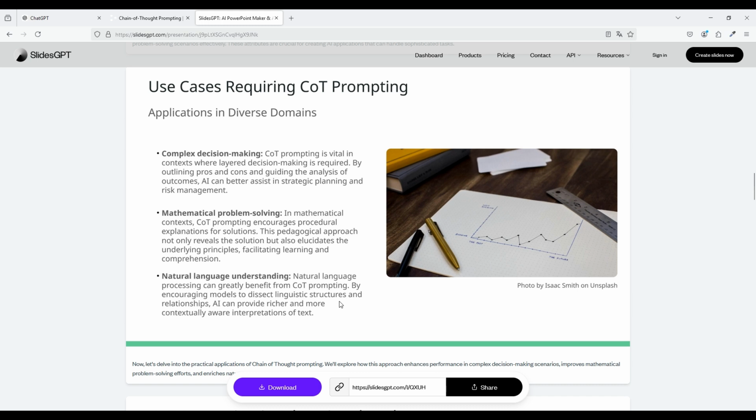The most important ones are complex decision making. Whenever you have a problem where you deal with pros and cons, it can assist you by breaking the problem down into sub-problems, and of course into making a significant, or at least an explained, decision. And this is actually also a topic of explainable AI.